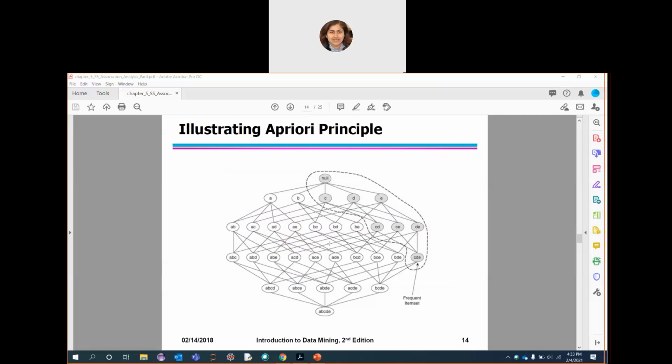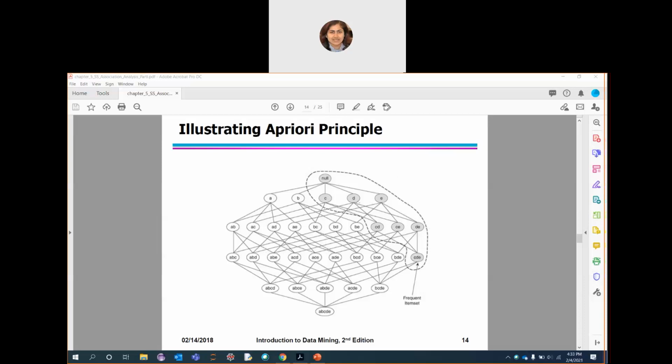So to illustrate the Apriori principle, here is an item set lattice, the same type of lattice structure. Suppose that after generating the candidate item sets, CDE is a frequent item set.